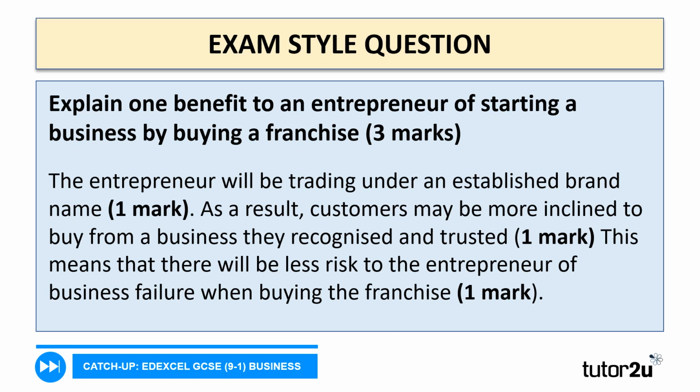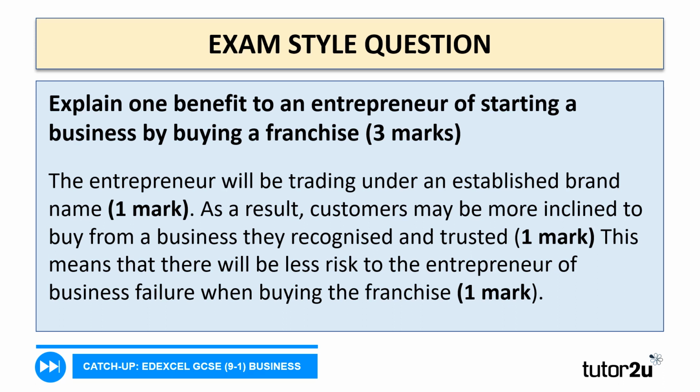There is never a need for you to define any key terms in an explain question. The only time you'd ever define a key term is when you would be writing an answer to a define question. As a result, customers may be more inclined to buy from a business they recognised and trusted.